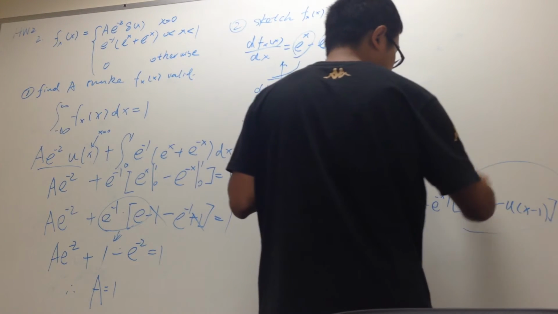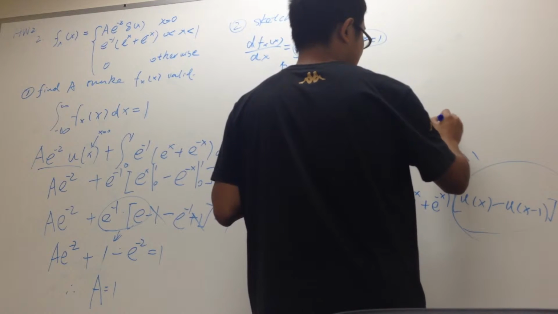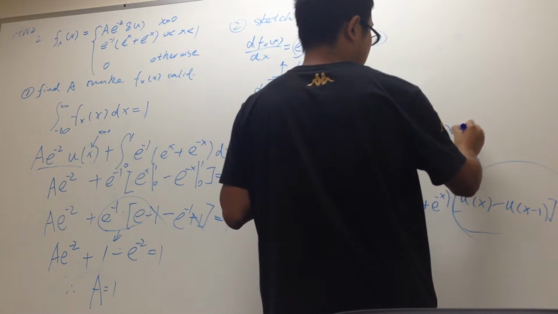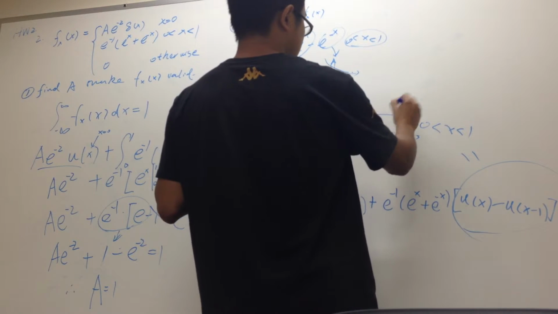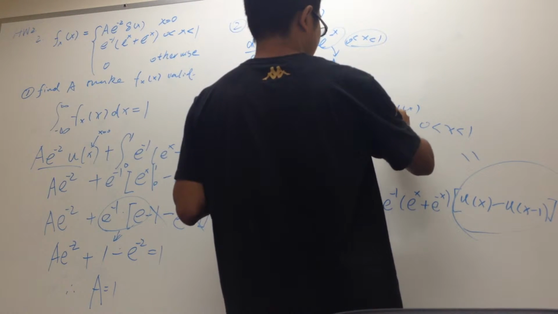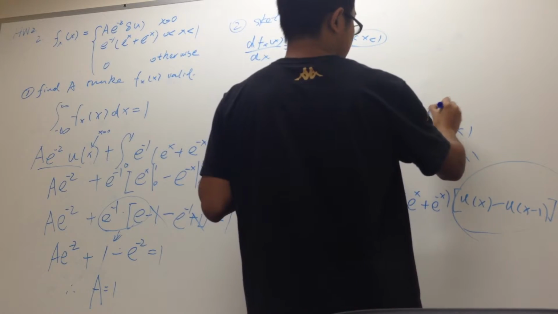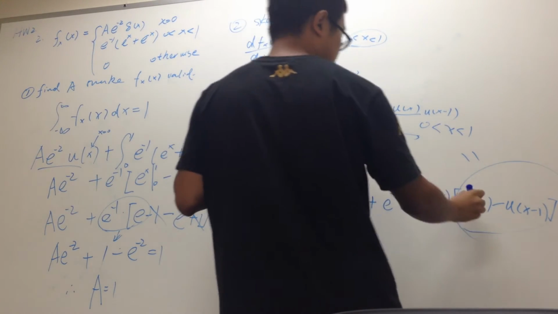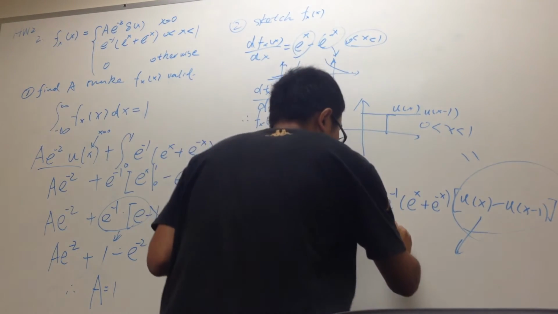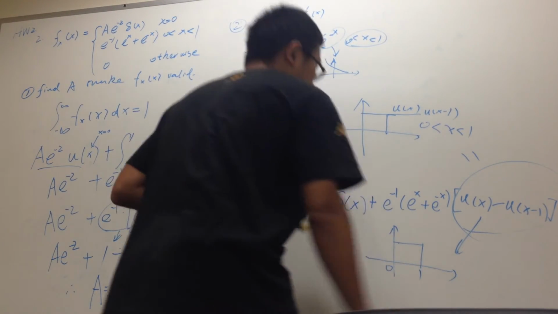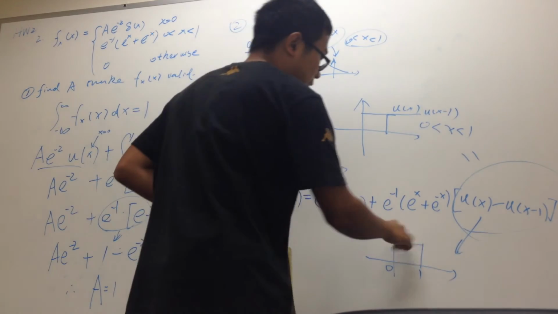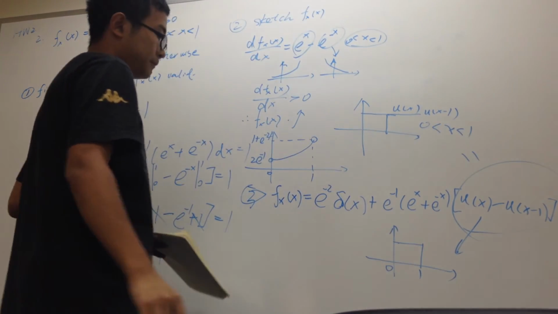This one means x from 0 to 1, because this is u(x) and this is u(x minus 1), so it means 0 to 1, and otherwise it is always 0.